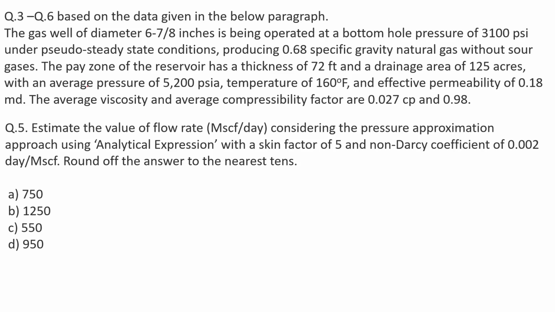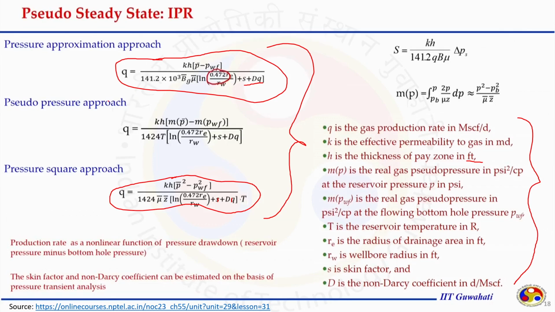Now the next question is to estimate the value of flow rate considering the pressure approximation approach using an analytical expression with a skin factor of 5 and non-Darcy coefficient of 0.002 day per MSCF, and round off the answer to the nearest one. So here they have already given in the question the skin factor and the non-Darcy coefficient. So for this we need to use the original equation which includes these two values.